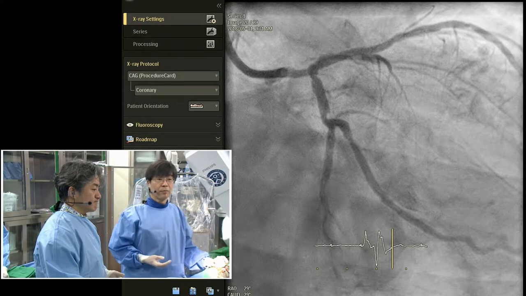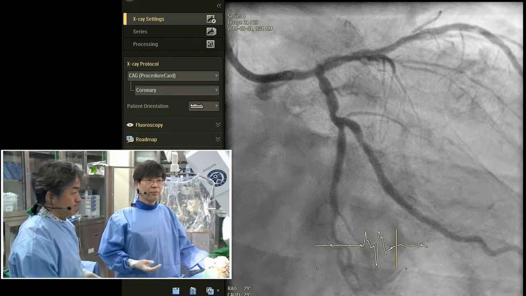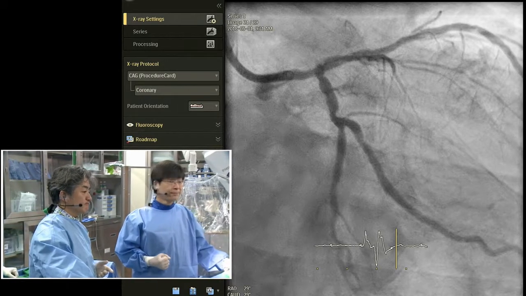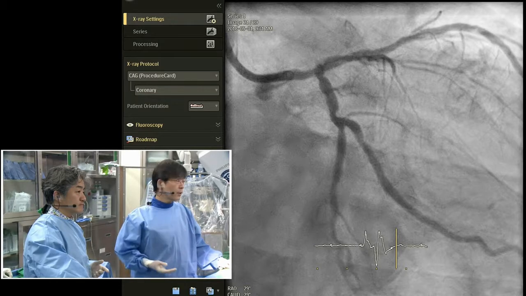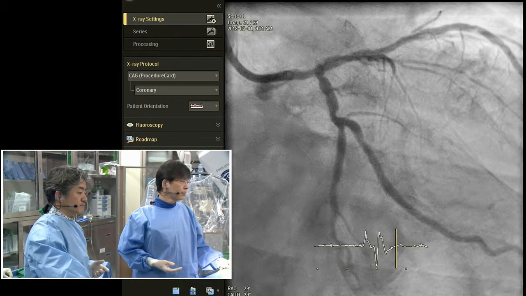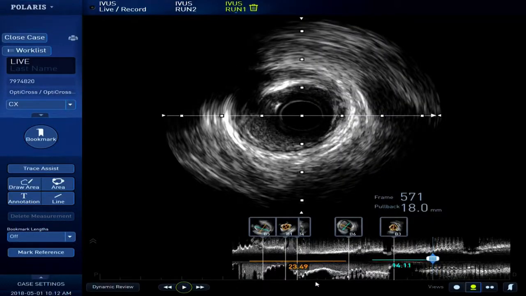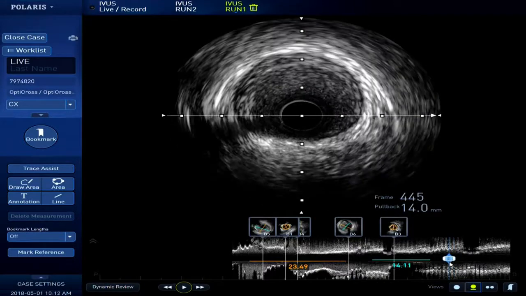And I think that there is a lot of calcium in the roof of the main stem, yeah? I think so. I agree. Okay. What's the size of the guiding catheter? It's a 7 French XB.